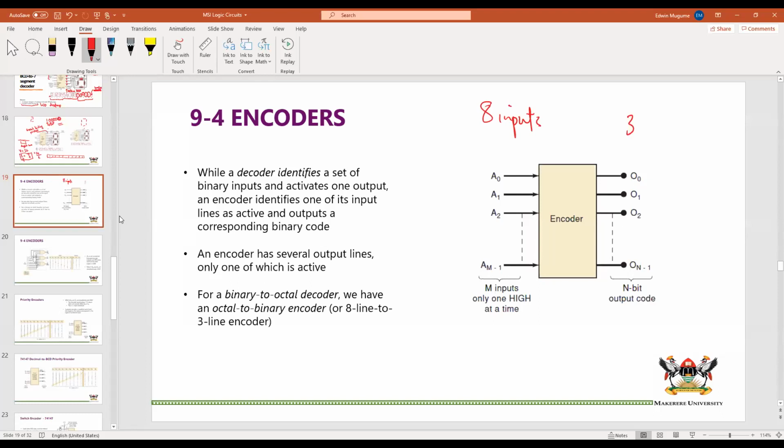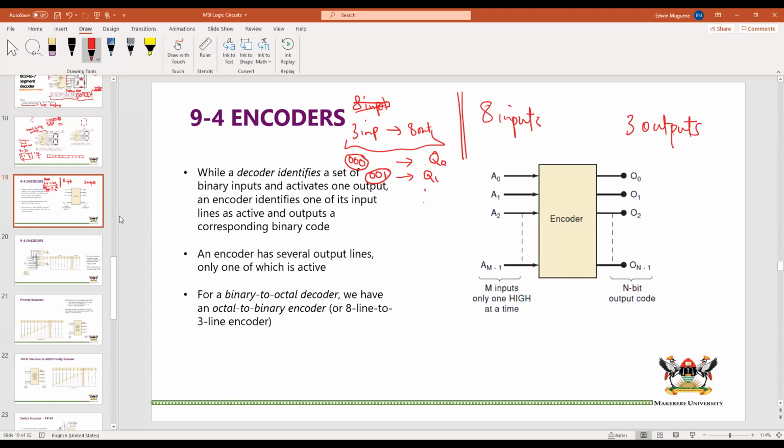We can have a set of 3 outputs. When we were looking at decoding, we had 3 inputs and 8 outputs. So maybe you have 0, 0, 0 being represented by some output, Q0, 0, 0, 1 being represented by Q1, and so on. So these were a combination of 3 inputs.